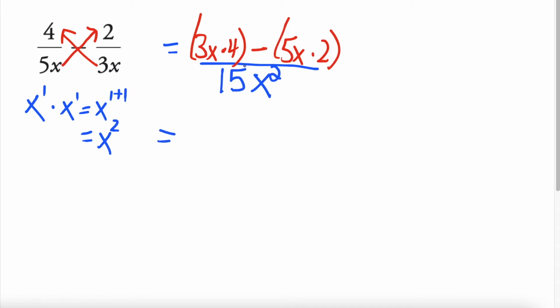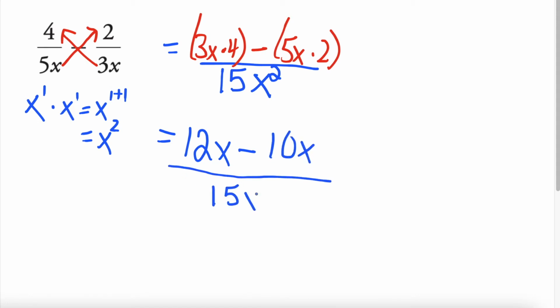We do the same thing when we multiply. So we have 3 times 4, which is equal to 12, and then x times 1, which is just x. So we get 12x, right? Minus, and then what's 5x times 2? So we have 5 times 2, which is 10. Then x times 1, which is just x, so we end up getting 10x. And then the bottom doesn't change, it just stays at 15x squared.